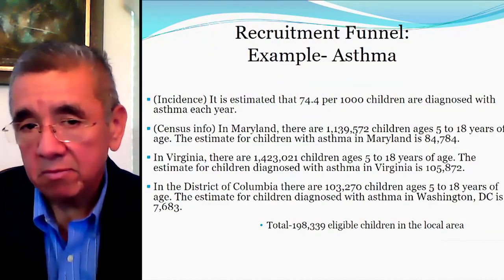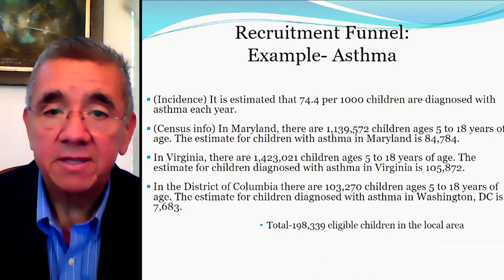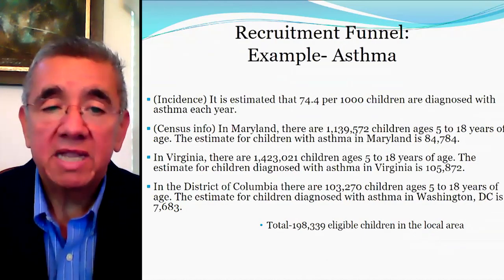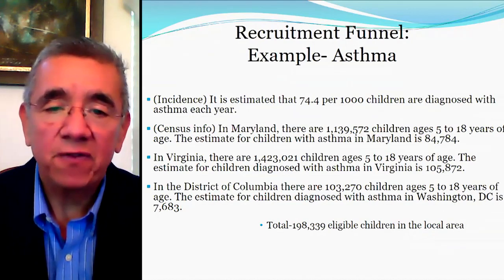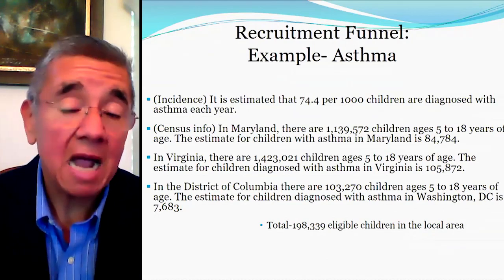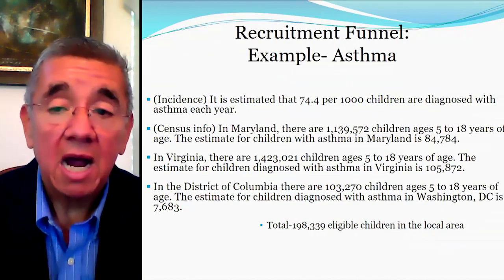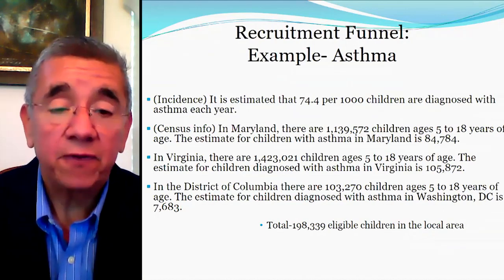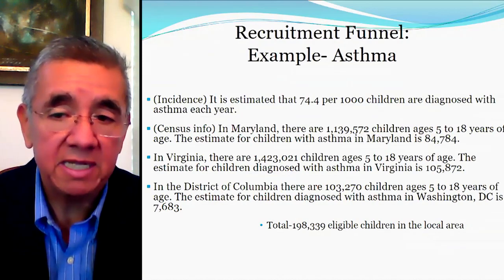This is an example of the recruitment funnel. We have the example of asthma. We know that incidence is estimated at 74.4%, and 1,000 children are diagnosed with asthma each year. So with the census information in Maryland, we know that there are 1,139,572 children ages 5 to 18 years old.